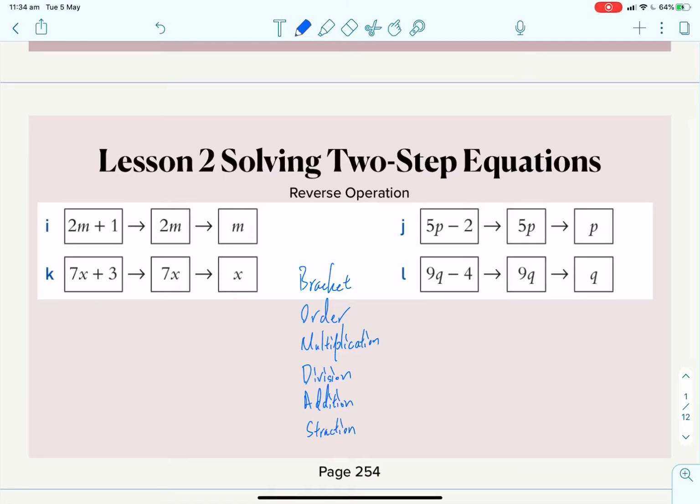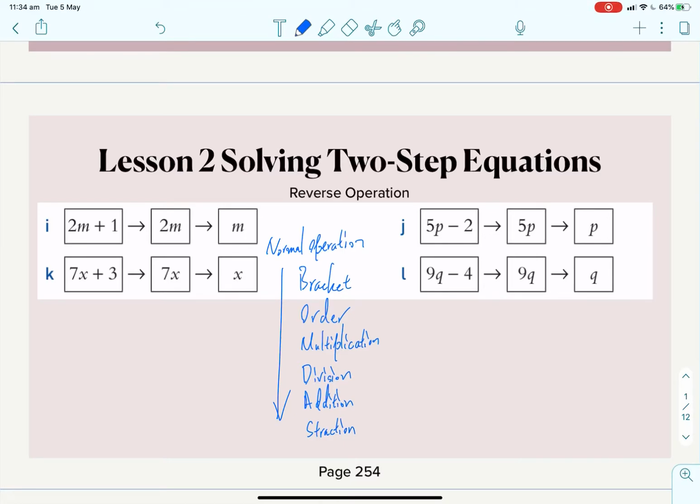That's for normal operation. We go from top to bottom: you do bracket, order, multiplication, division, and then subtraction and addition.